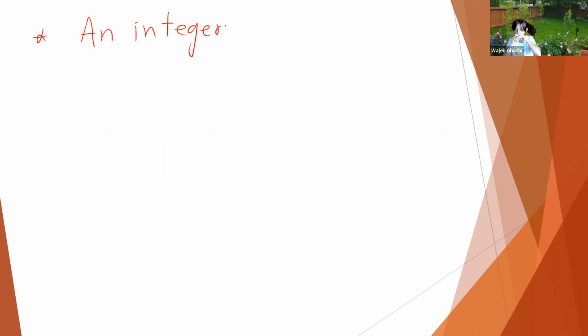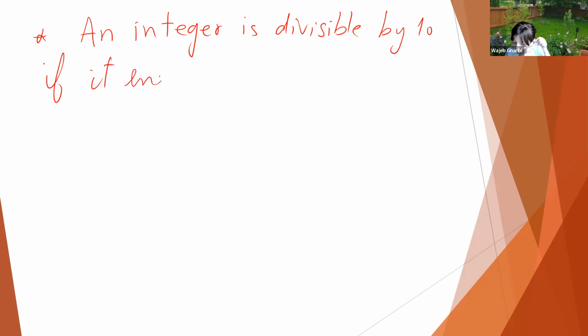An integer is divisible by 10 if it ends in a 0. Good.